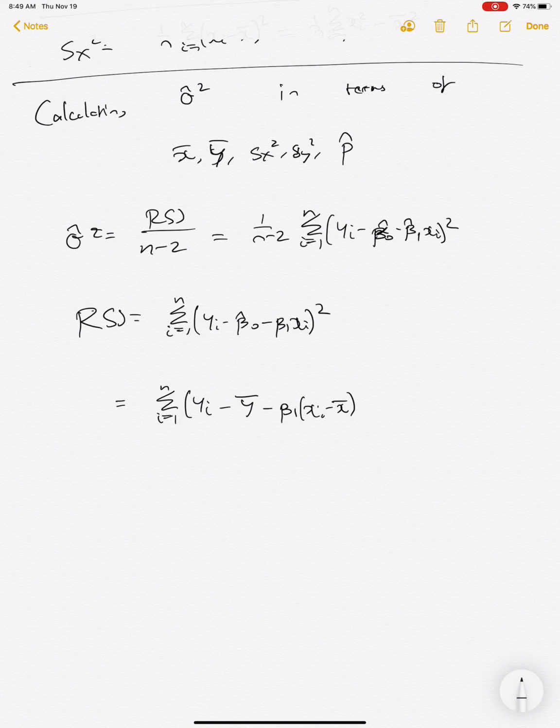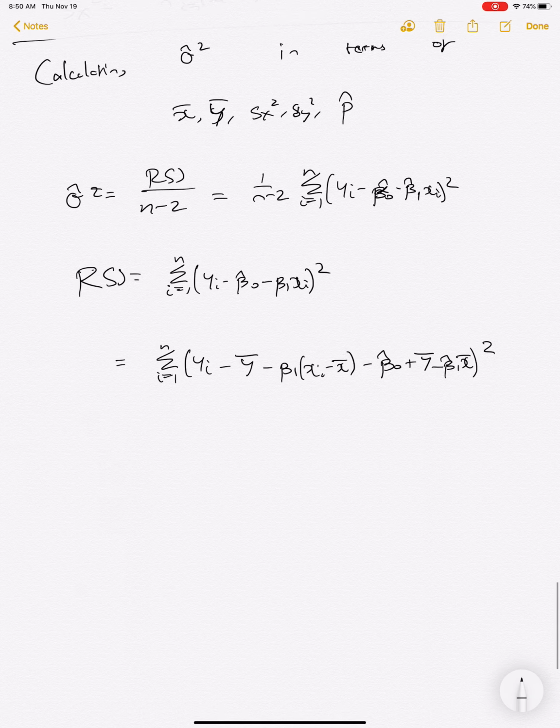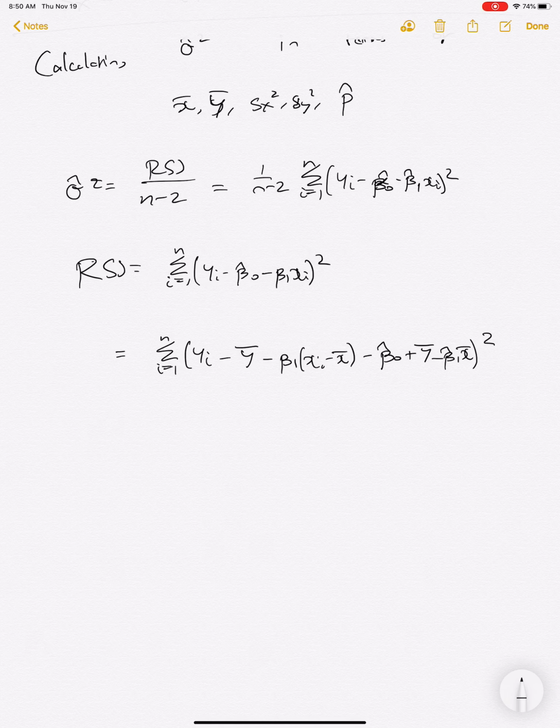And so you're going to get minus beta hat 0 plus y bar, and then minus beta hat 1 x bar, and then this whole thing is squared. So all I've done is add and subtract this thing.